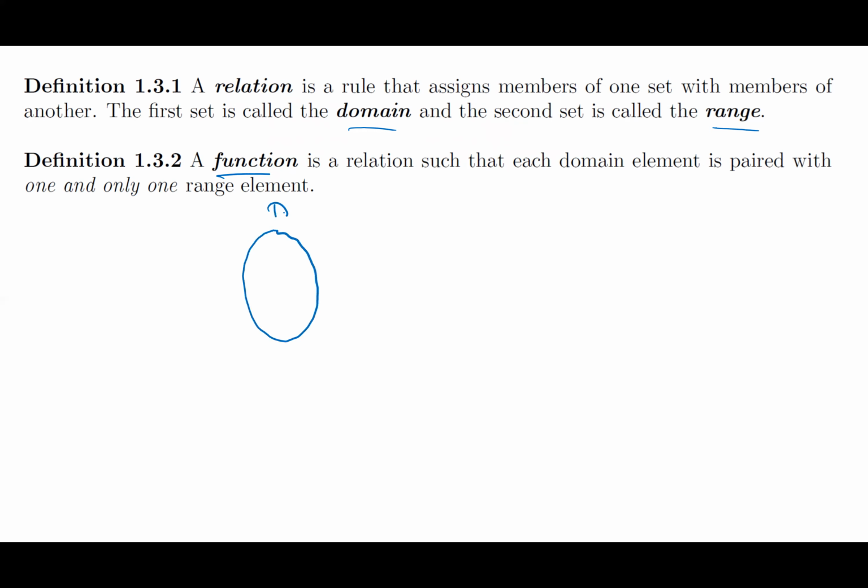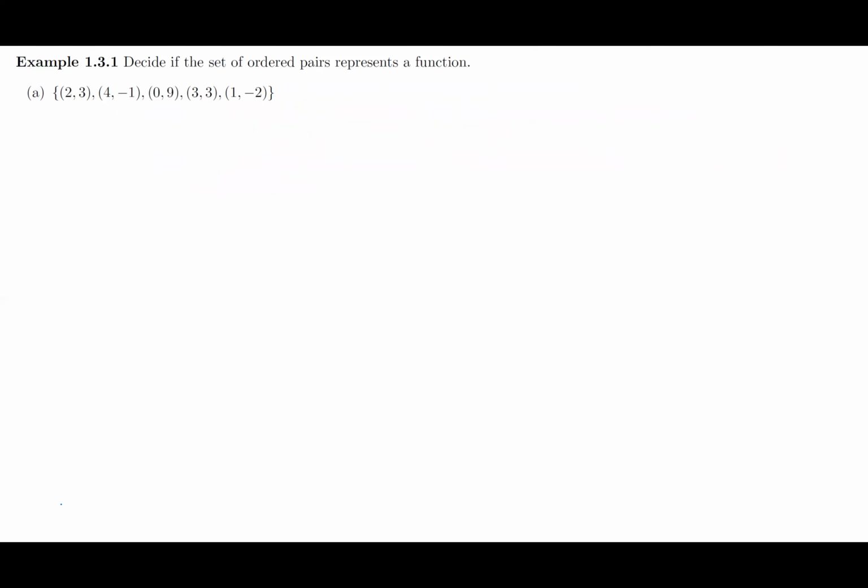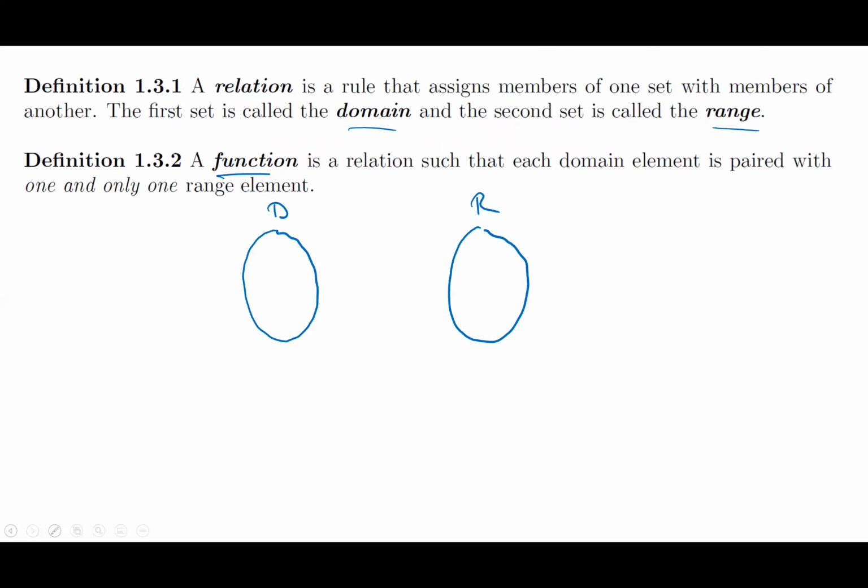if this is my domain, and this is my range, D and R, D for domain, R for range, then with a function, I might have, say, 1, 2, 3, 4.